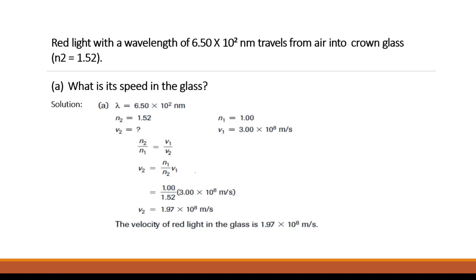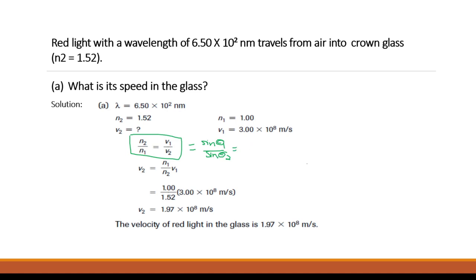So this is similar to our problems involving Snell's law from one medium to the other. Remember that Snell's law was n2 over n1 equals v1 over v2, also equal to sine theta 1 over sine theta 2.